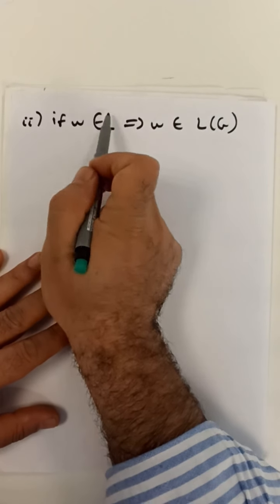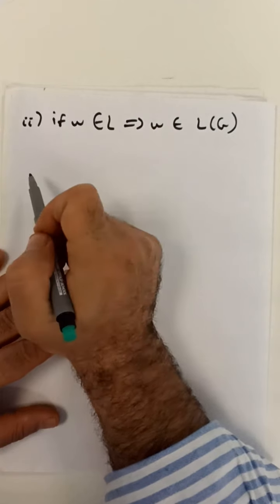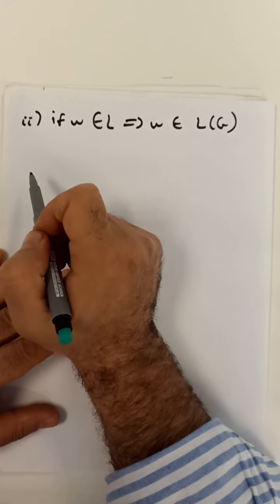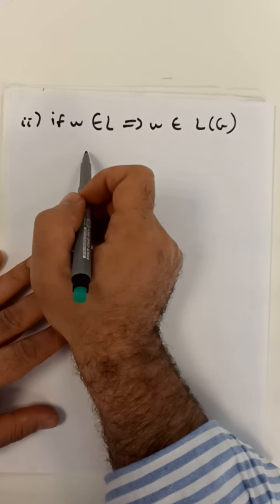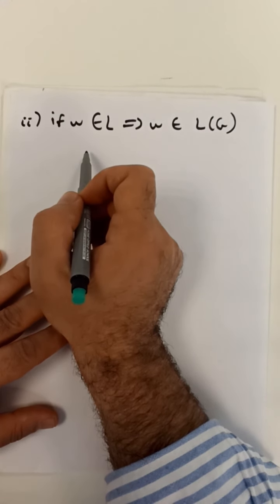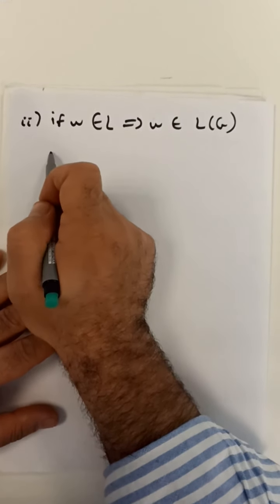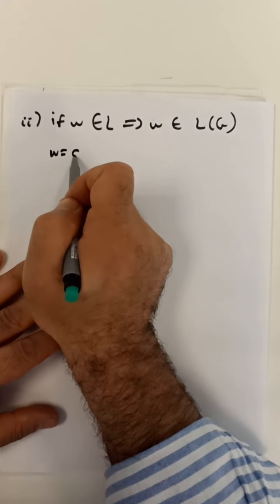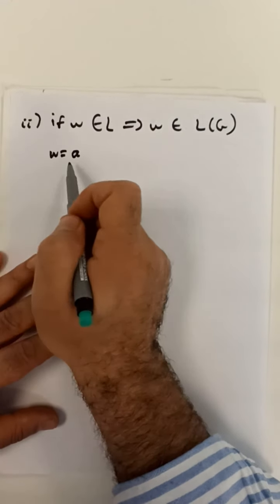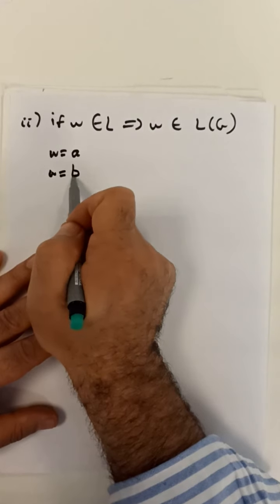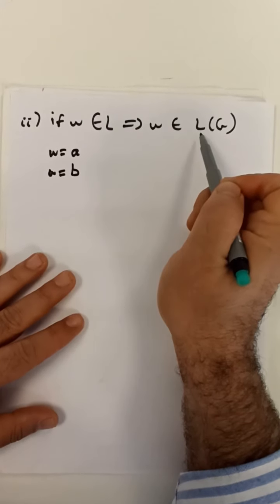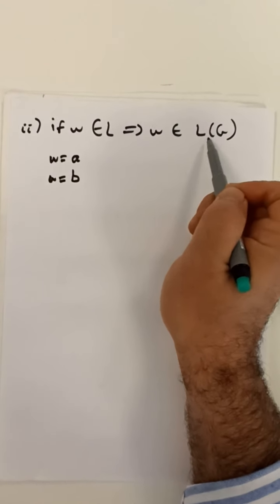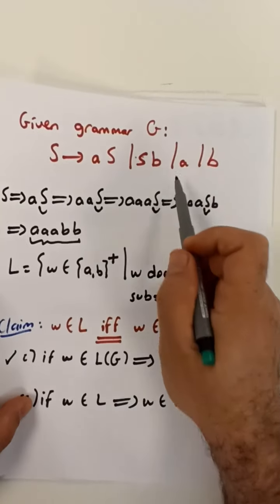So remember the definition of our language, L. It should be the strings A B plus such that the string doesn't contain the substring BA. So what are the cases? W can be equal to simply A. W can be simply equal to B. If W is A, it's easy to see that W can be generated by our grammar G using this rule.